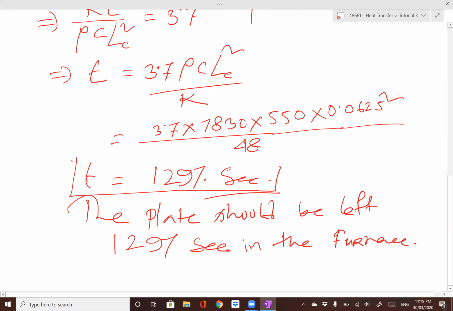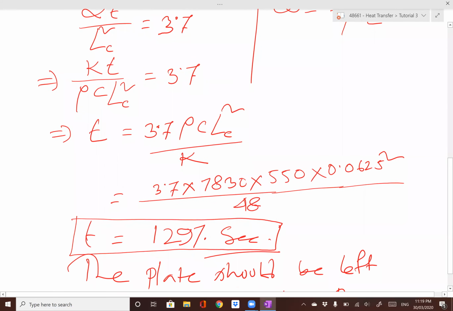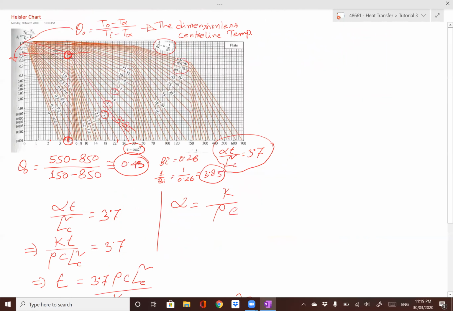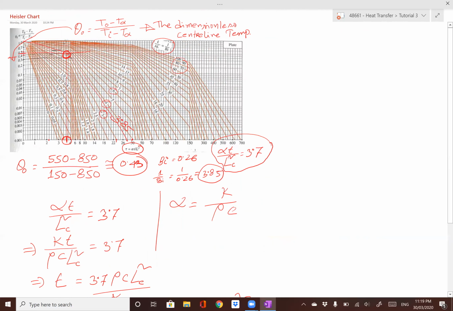So we used the chart to find out how long we need to keep the steel in the furnace to reheat it to 550 degrees Celsius.